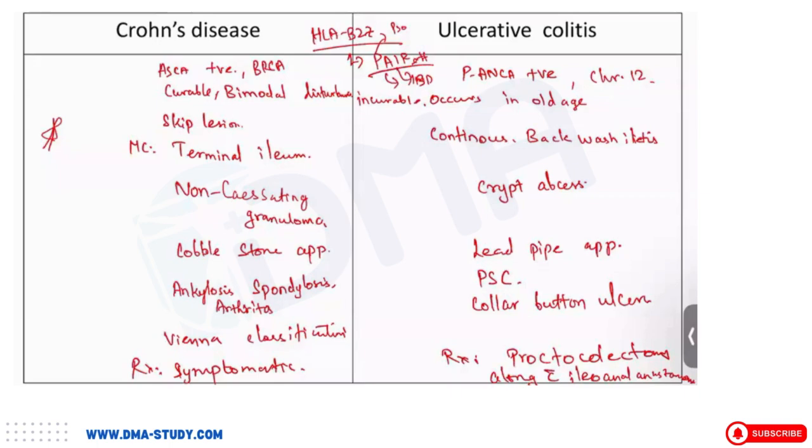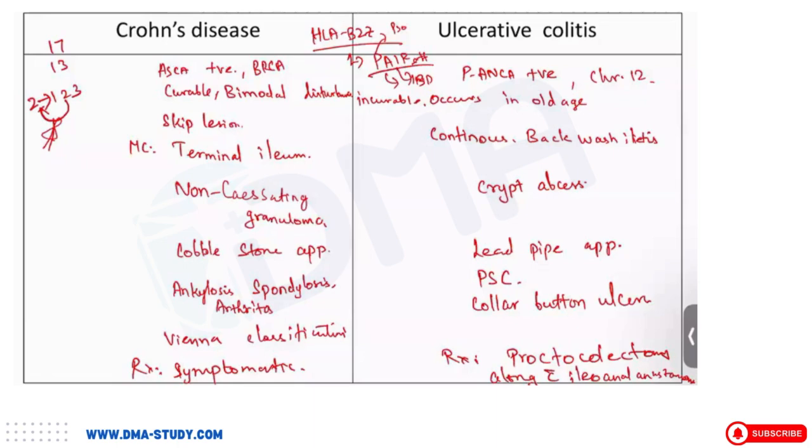Okay, I will tell you an easy way to remember. There are two chromosomes associated with the BRCA. One is 17, another one is 13. I used to remember it like 1, 2, 3.